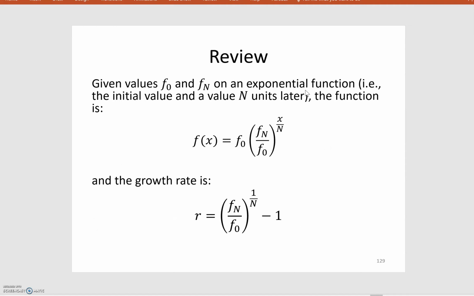All right, a little more review. This is just about the formula for the exponential function passing through 2 points. Now, honestly, I'm not actually going to use this notation very much, so I don't want to be confusing.